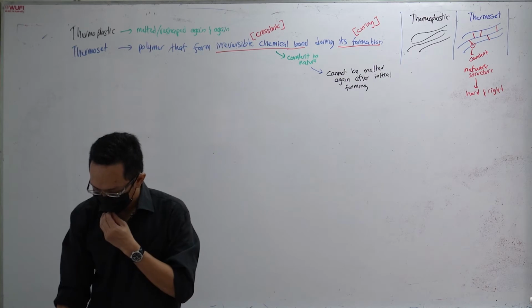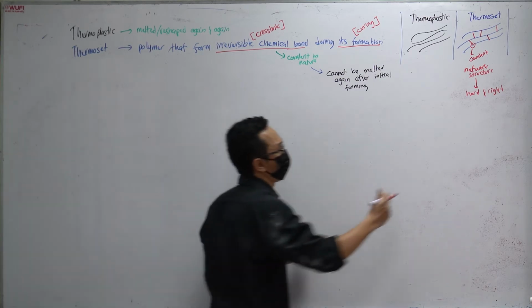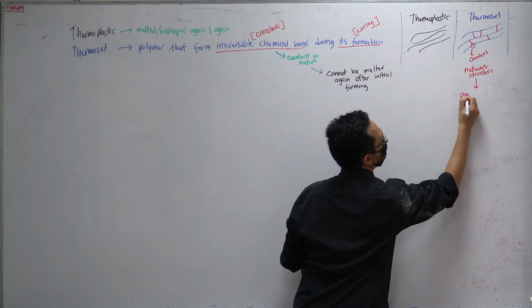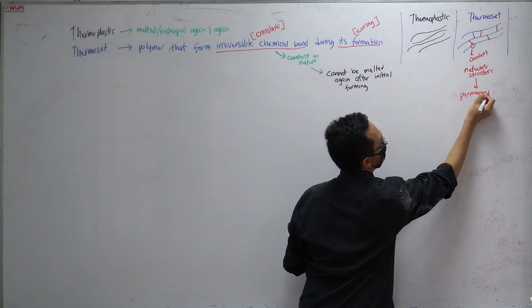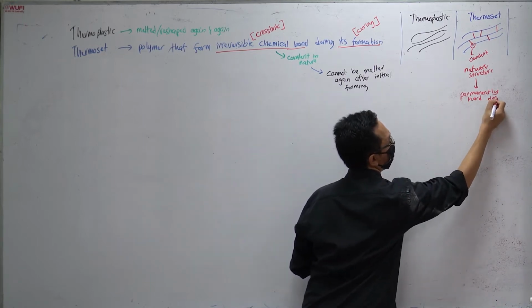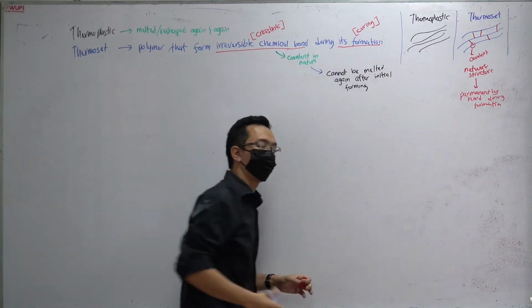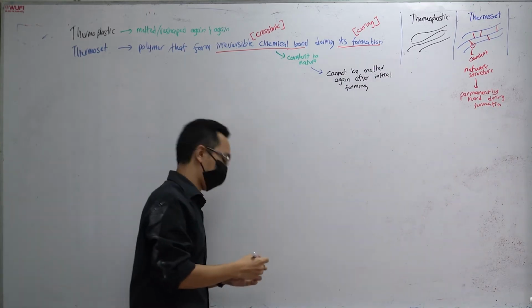So it becomes permanently hard during formation. This differs from thermoplastic, where you can remelt again and again.